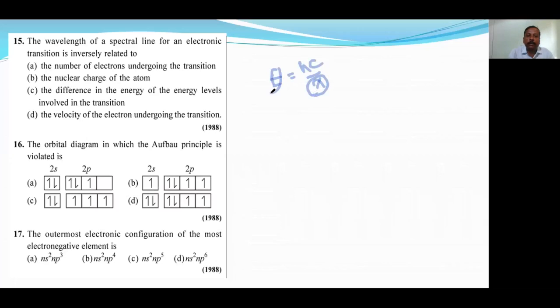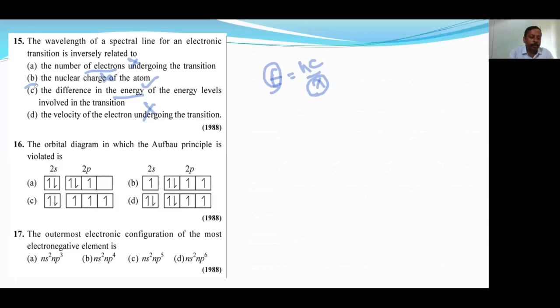So wavelength is inversely proportional to energy. Number of electrons is wrong, nuclear charge is wrong, energy is correct. Velocity of electron is wrong. So option C is correct.